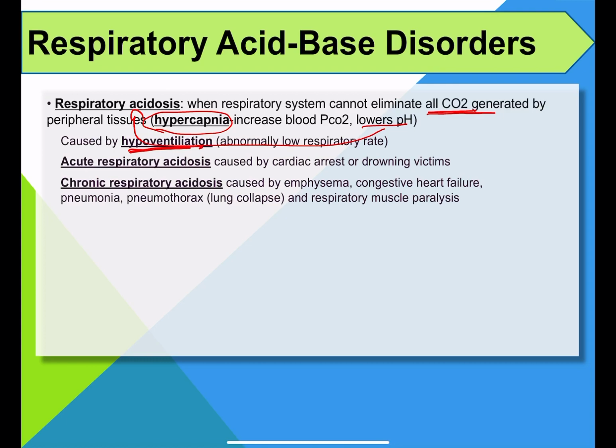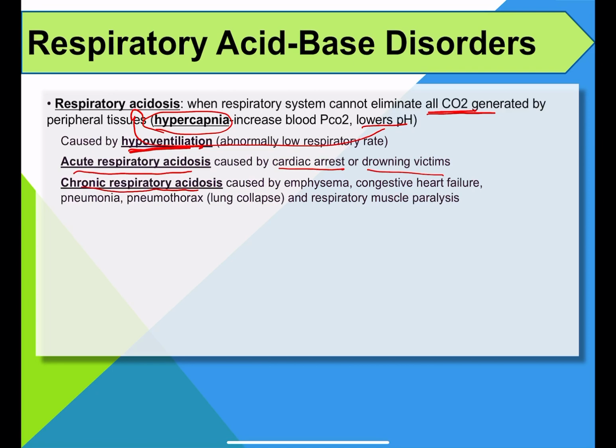Now, acute respiratory acidosis can be caused by cardiac arrest or drowning victims. Okay, if you're drowning, you can't breathe. CO2 is going to accumulate in the drowning person's lungs, in a sense causing acute respiratory acidosis. Chronic respiratory acidosis can also result, meaning a long-term inability to expel CO2.